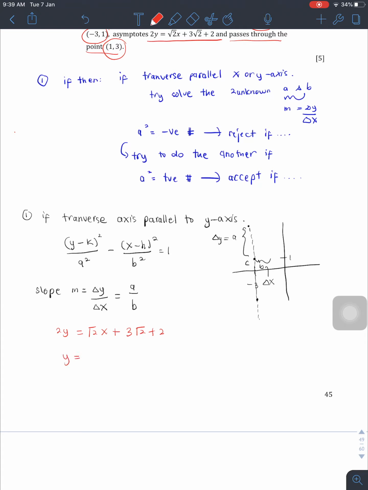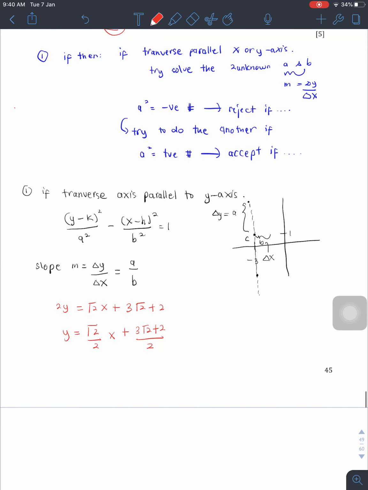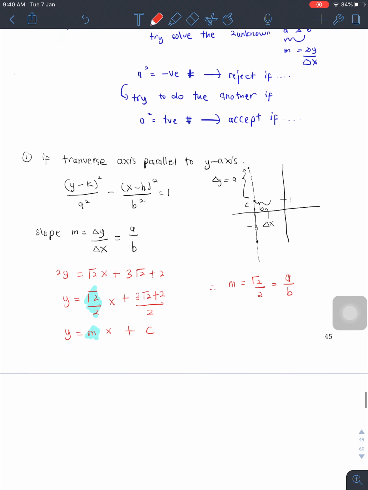For example, 2y, you divide by 2 for both sides, so root 2 over 2 x plus 3 root 2 plus 2 over 2. Now here you already got your straight line equation such that y equals mx plus c. If you compare, this is going to be your m. Then you can say that your m equivalent to root 2 over 2 equivalent to a over b.